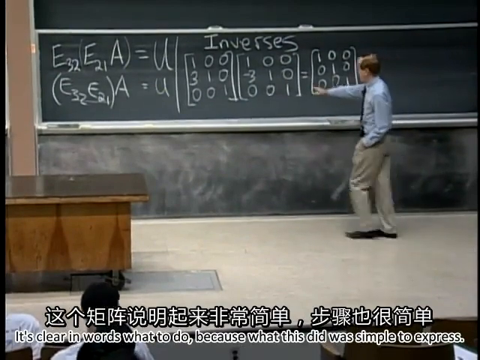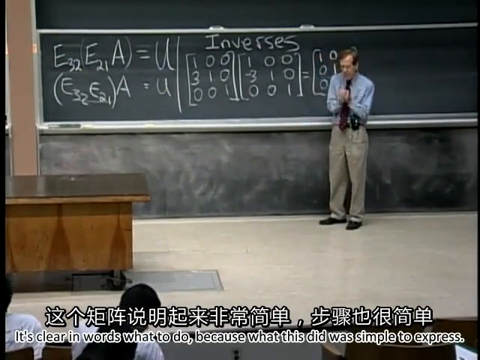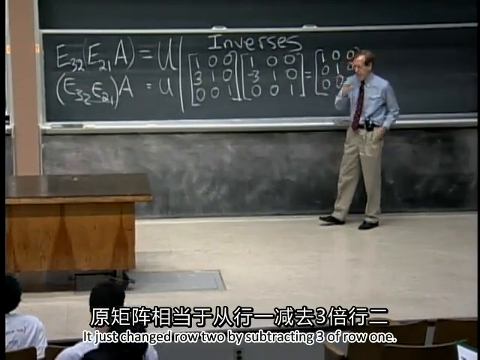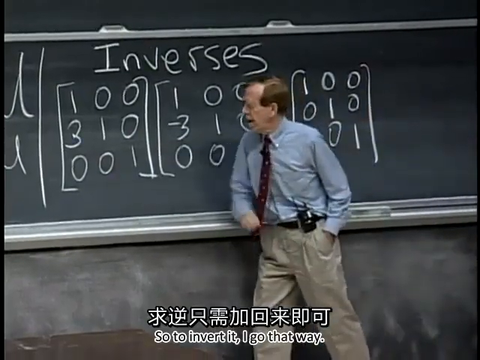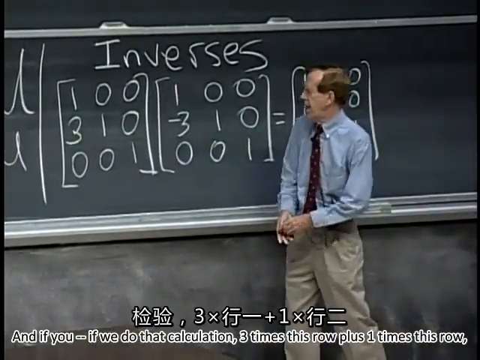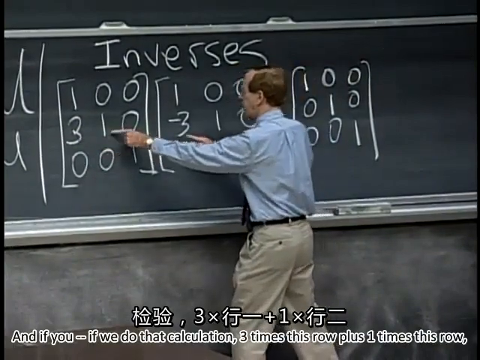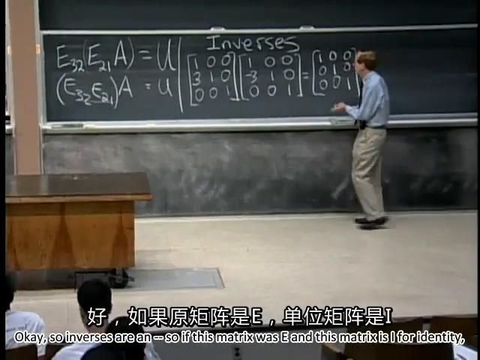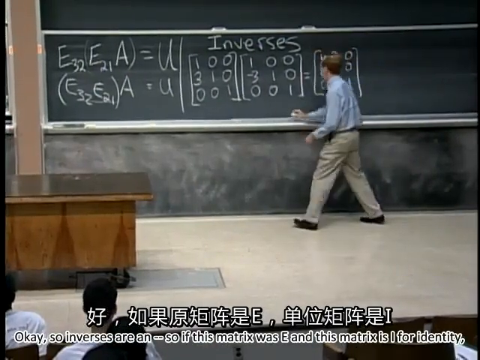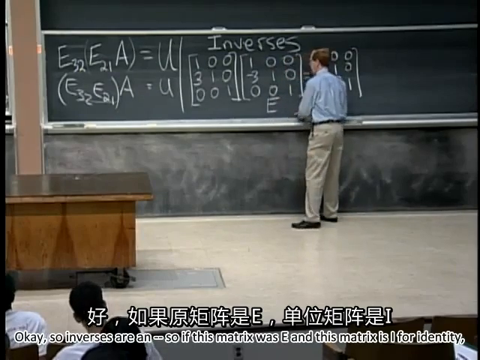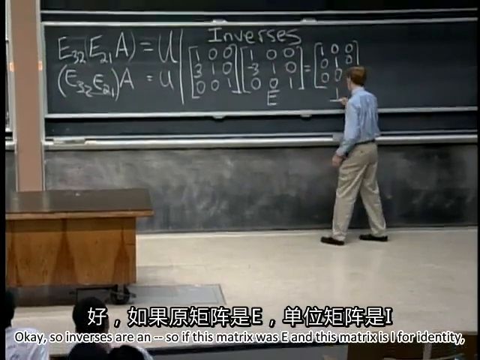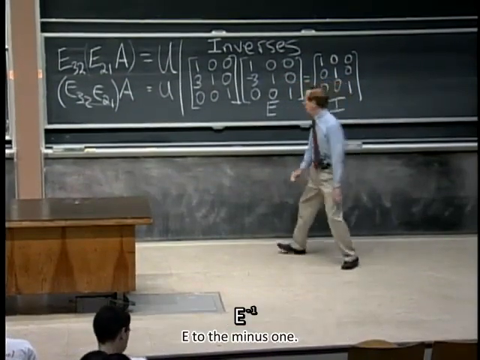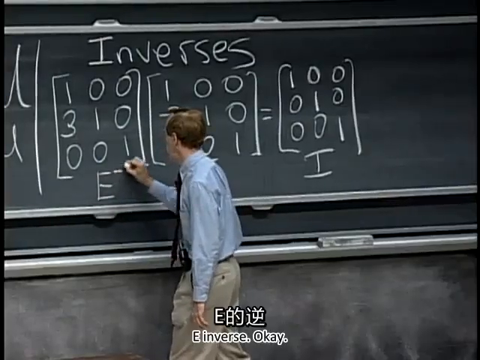Because what this did was simple to express. It just changed row 2 by subtracting 3 of row 1. So to invert it, I go that way. And if we do that calculation, 3 times this row plus 1 times this row comes out the right row of the identity. Okay, so if this matrix was E, and this matrix is I for identity, then what's the notation for this guy? E to the minus 1, E inverse.